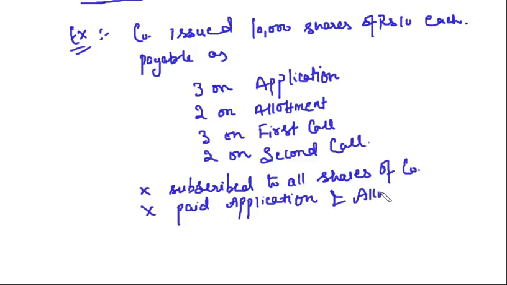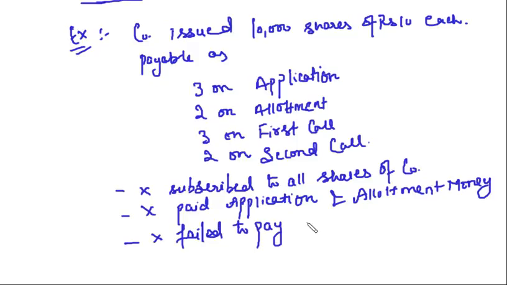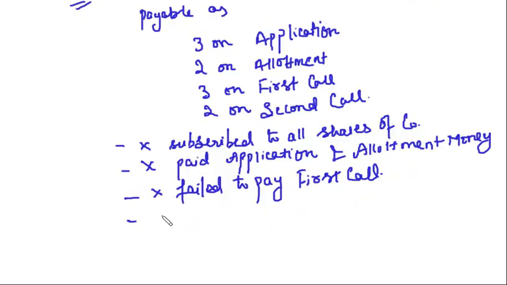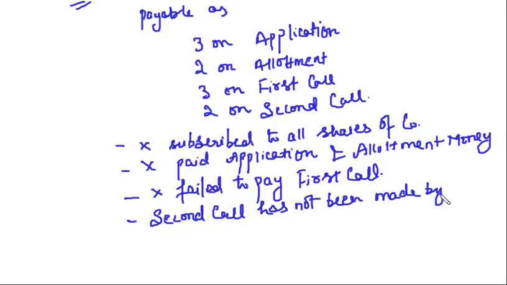X paid application and allotment money. Now, X failed to pay first call. Then second call has not been made by the company.